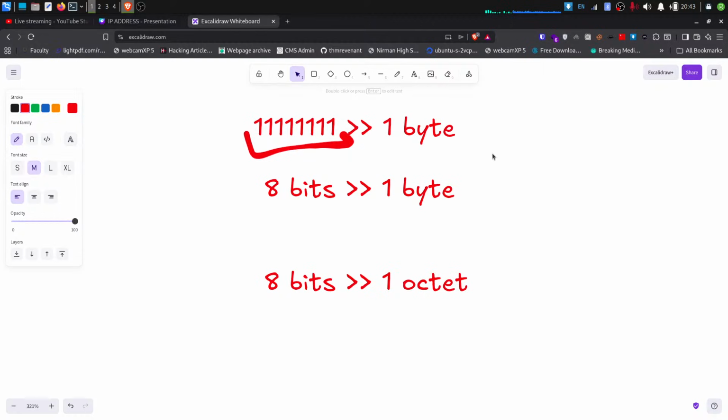And the range here, as we know, binary works with the power of 2. So the range would be 2 to the power 0 to 2 to the power 8, right?